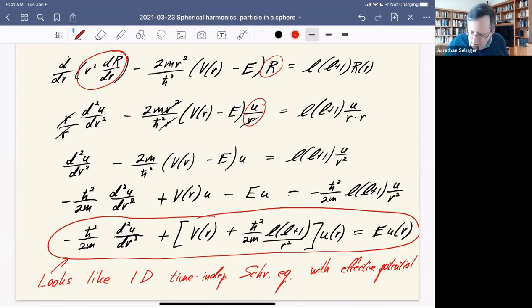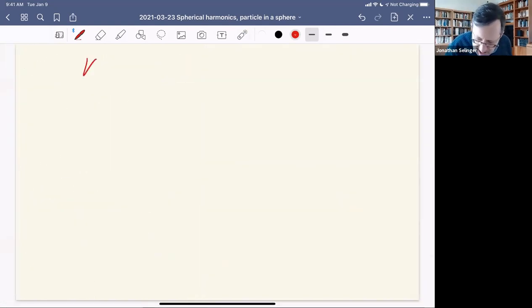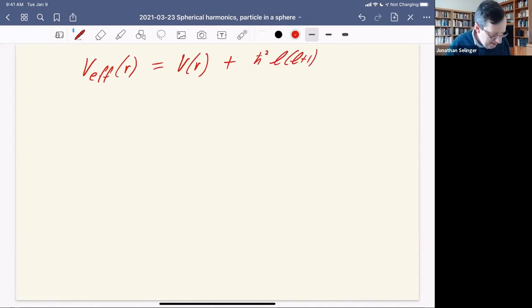Which is, the effective potential of r is the regular potential plus some h bar squared l times l plus 1 over 2m r squared.